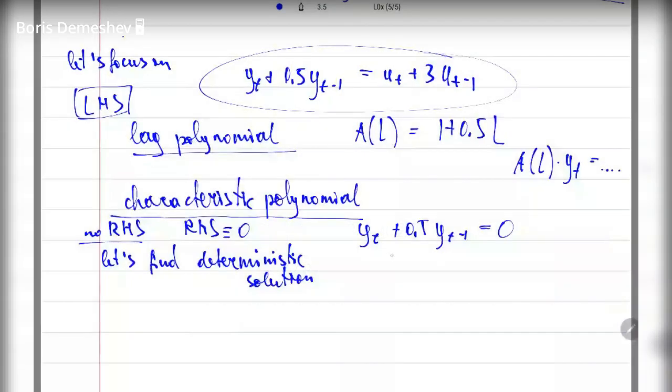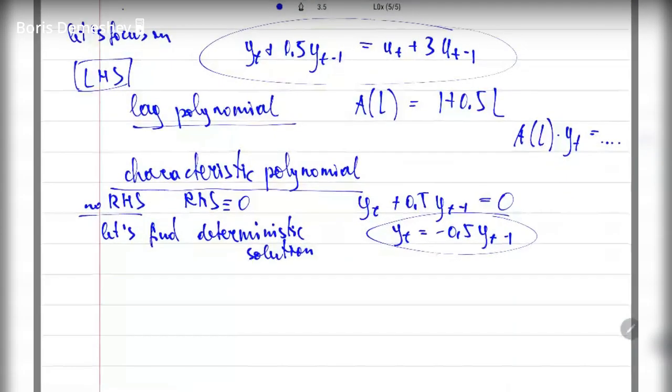If you have studied in middle school, you probably know that this is an equation of a geometric sequence. y_t is something multiplied by the previous value. That's just the definition of a geometric progression.